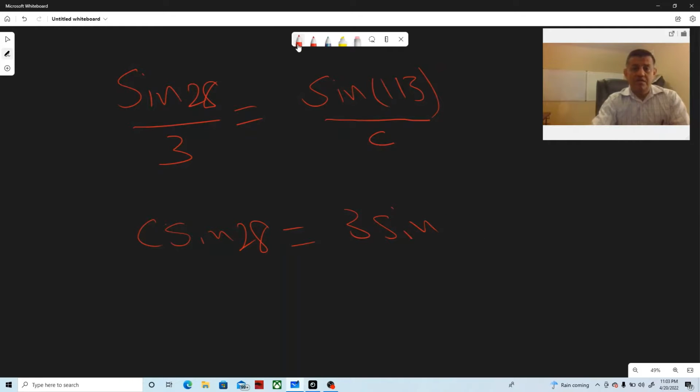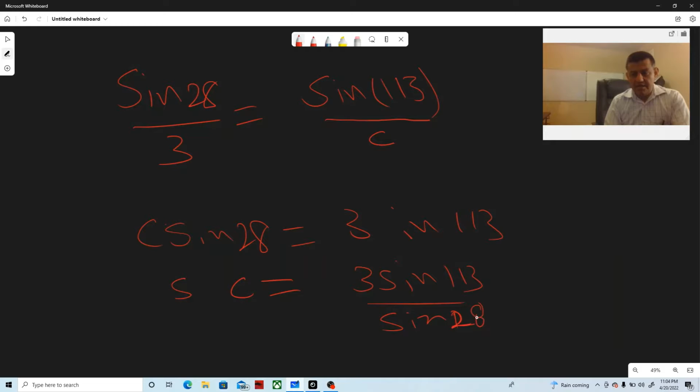Then we can just divide by that, and we get that C is equal to 3 sine of 113 over sine of 28, right?